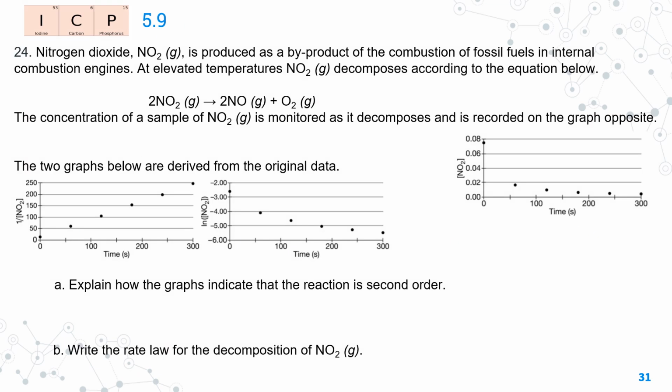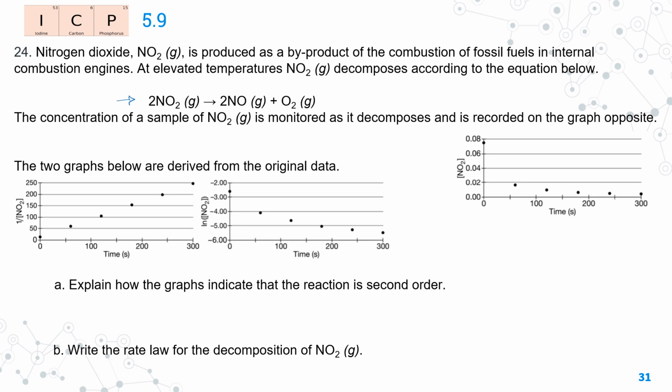And we should be to our last problem. So this one's kind of long. This one says nitrogen dioxide is produced as a byproduct of the combustion of fossil fuels in internal combustion engines. At elevated temperatures, nitrogen dioxide decomposes according to this equation.